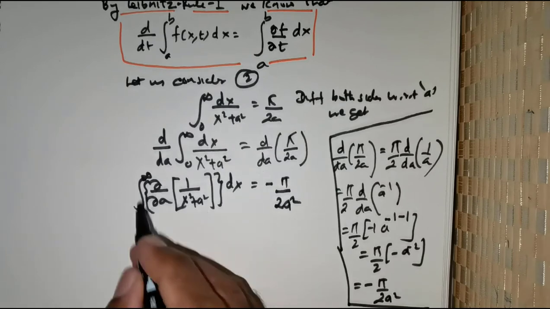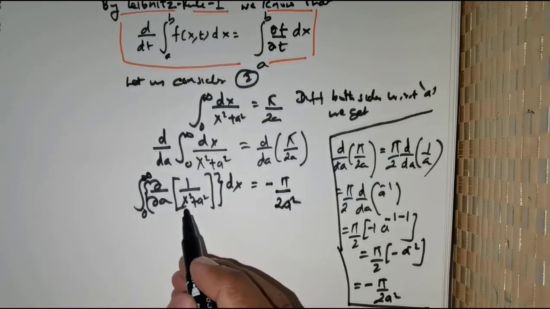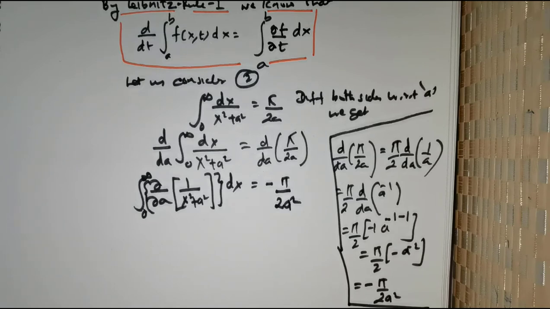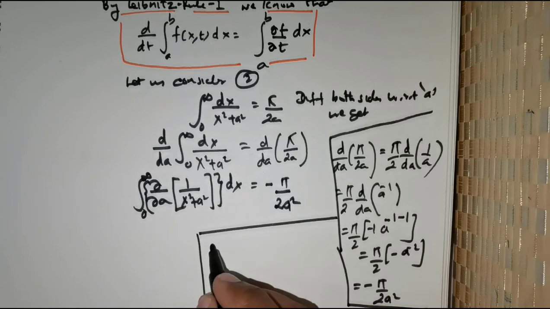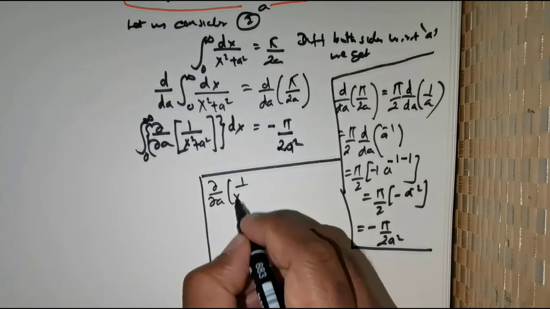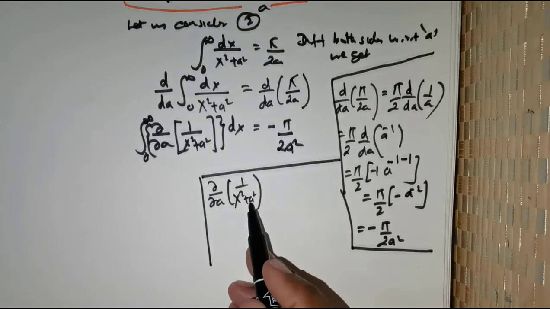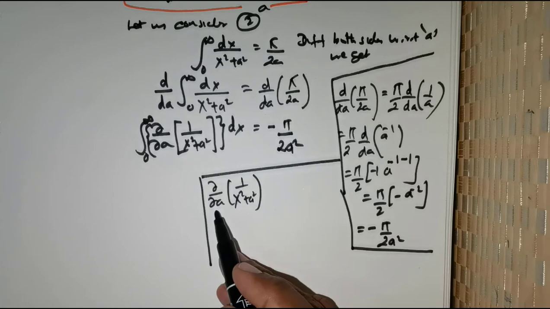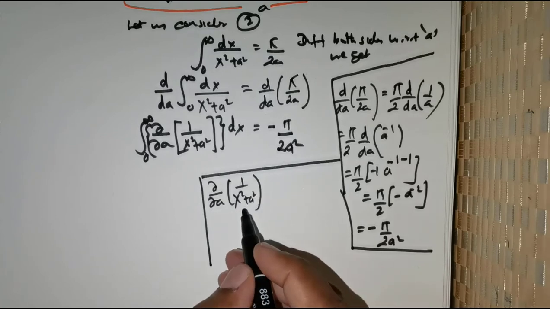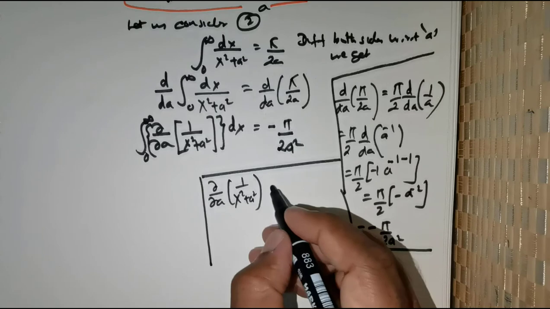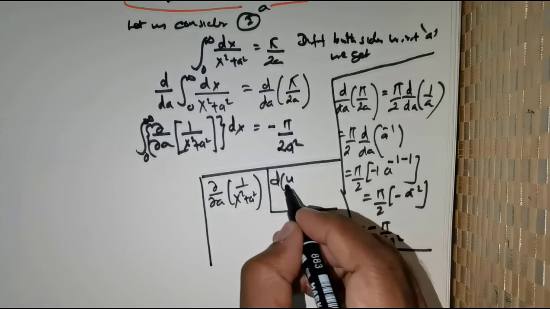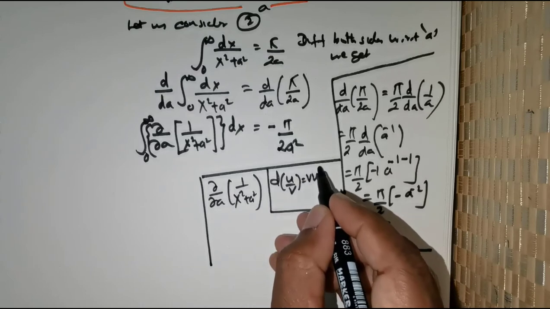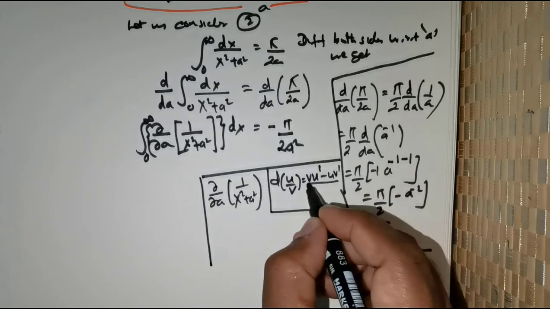So now we need to differentiate 1 over x squared plus a squared. So let me use the space over here: partial over partial a of 1 over x squared plus a squared. A is the quantity with which we are differentiating and x is constant. So this is going to be the u over v formula. For those of you who would like a recollection, d of u over v is v times u dash minus u times v dash, divided by v squared.